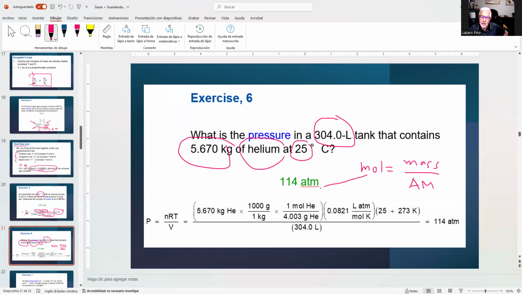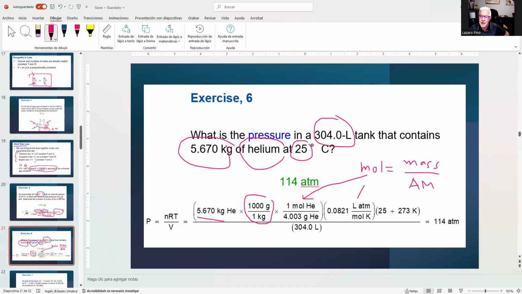In this case, here you have the mass, then you multiply by this, and you get moles. And of course, you have the conversion of kilograms into grams using this conversion. Then here you have moles. All these operations correspond to moles.